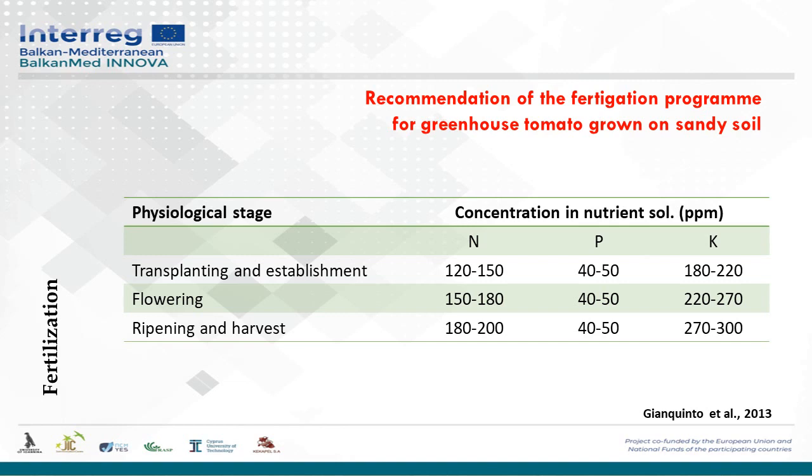But yeah, in case we are going to use the proportional method, we should also differentiate the concentration of different elements according to the phenological stage of development: less during transplanting and establishment, and then gradually increasing it during the flowering, ripening, and harvesting. And I'm talking about, of course, nitrogen and potassium, but we keep the concentration of phosphorus always constant from the start until the end of fertigation.